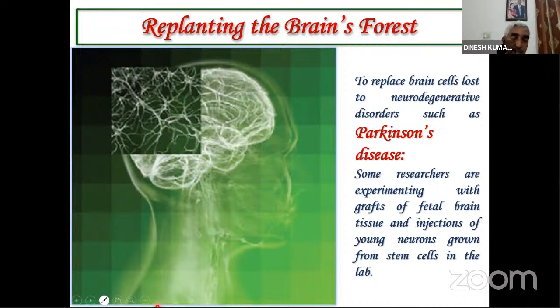They are using this technology for liver transplantation and kidney transplantation. And likewise, they have also used this technology for the treatment of Parkinson's disease, and for neurodegenerative disorders like Parkinson's and Alzheimer's.